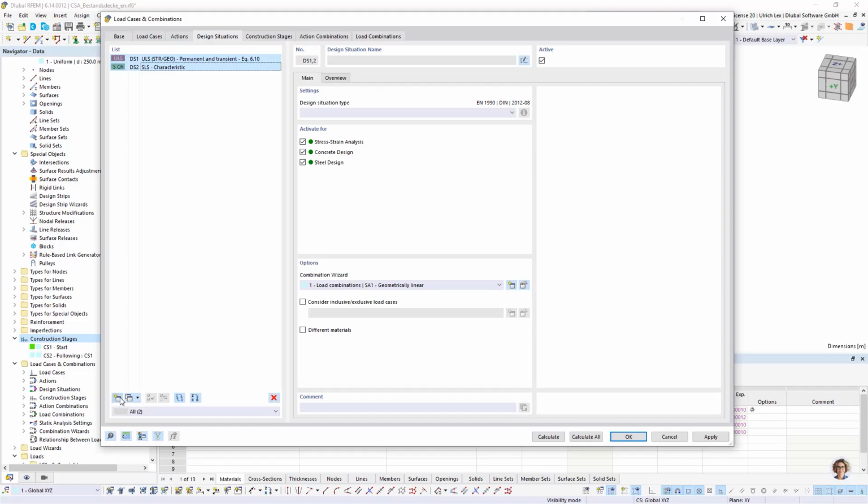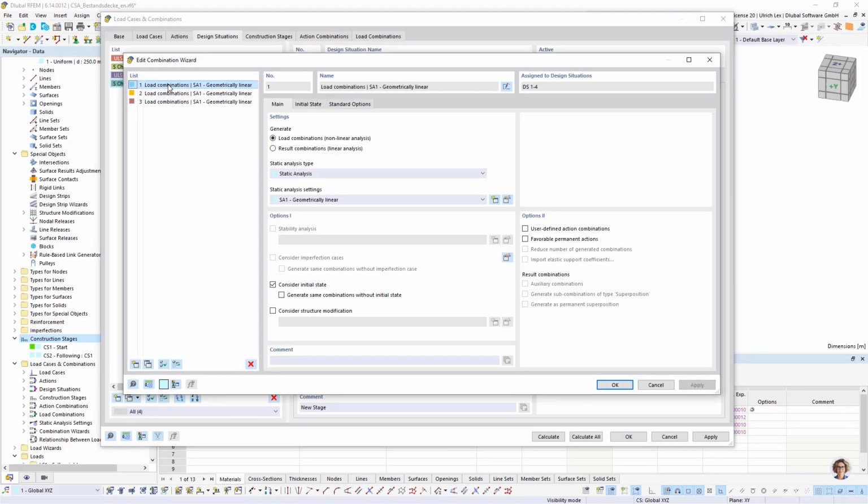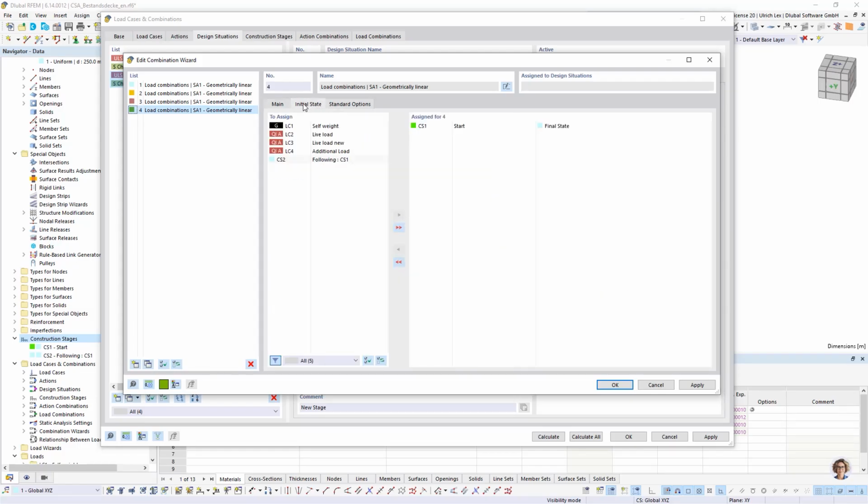I copy these design situations, and here I can say new stage, old stage, and now I can modify my wizard when I copy this again and say, okay, my initial stage should not be stage 1, it should be stage 2 in this case.